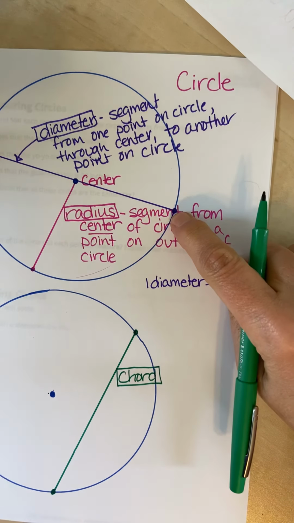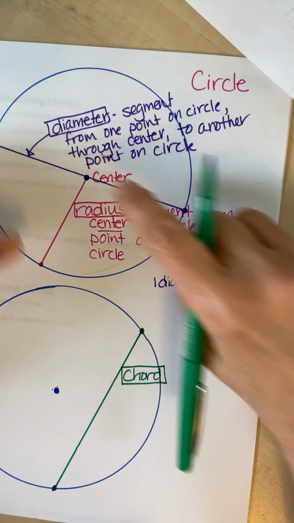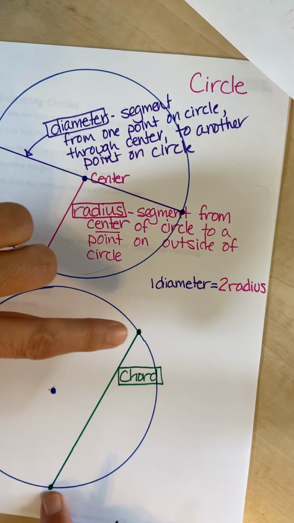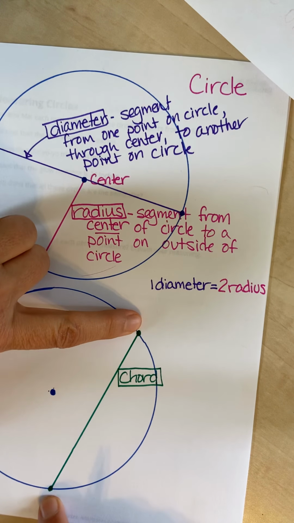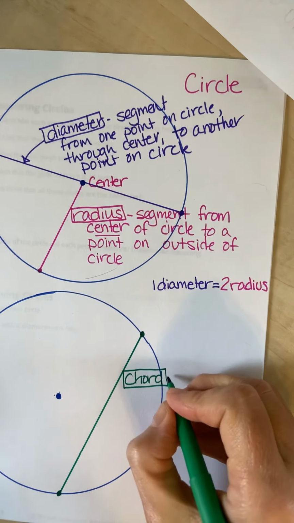A diameter is a chord. A radius is not a chord, okay? But a diameter is a more specific kind of chord. A chord just means a straight segment from one point on a circle to the other. It doesn't have to go through the center, okay?